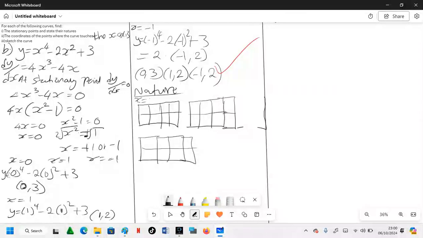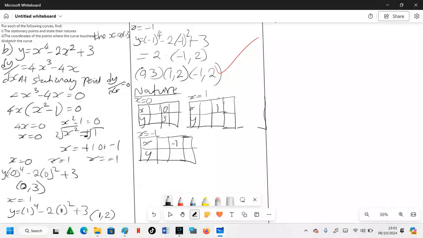So this one is going to be for x is 0, this one is going to be for x is 1, this one is going to be for x is negative 1, right? So x, y, x, y, x, y. And I'm going to deliberately put the stationary points in at the center of the table. When x is 0, of course y is 3.